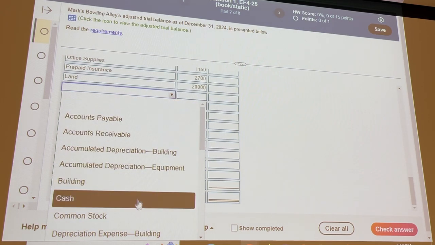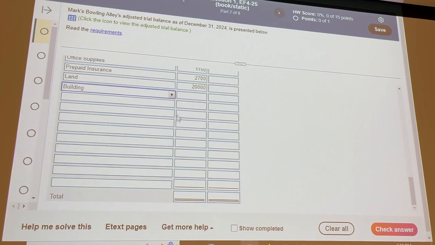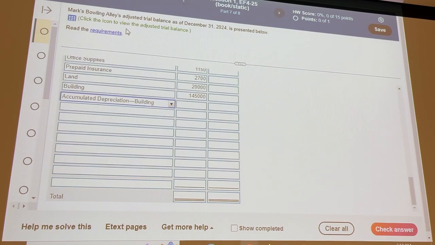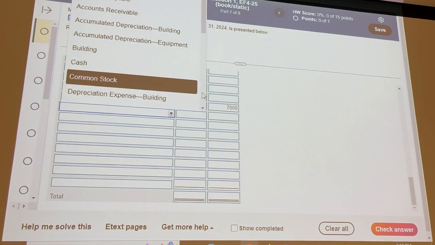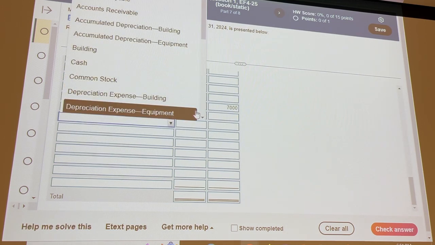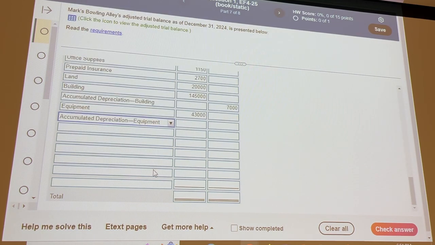Building, debit of $145,000. Accumulated depreciation building. This is a contra asset account, so it has a credit balance, $7,000. Then equipment, debit of $43,000. Accumulated depreciation equipment, credit at $20,000.